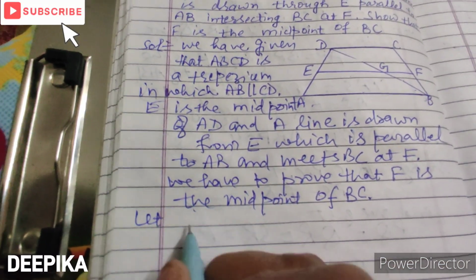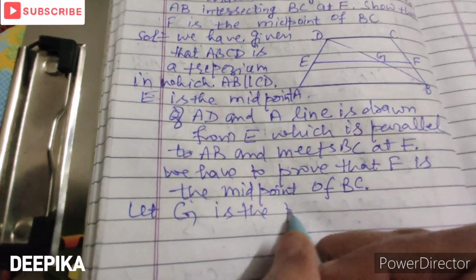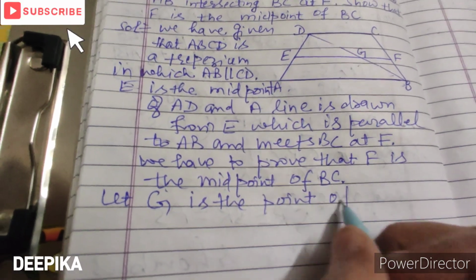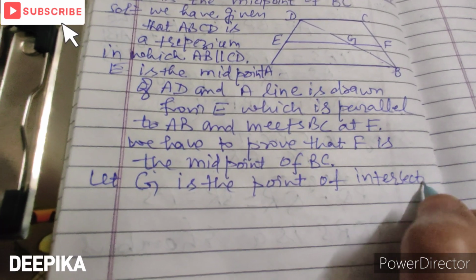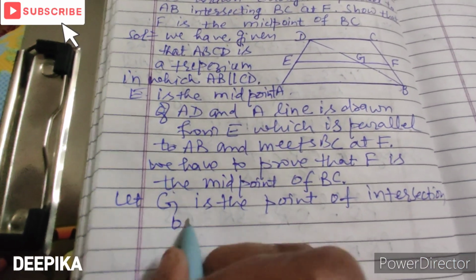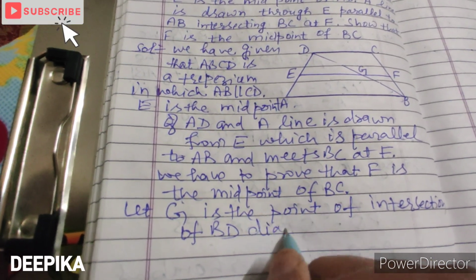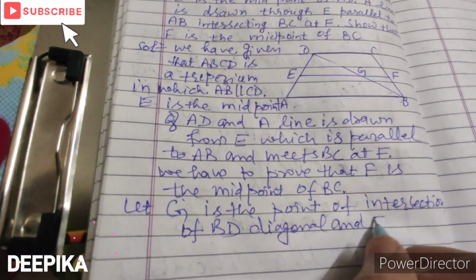Let G is the point of intersection of BD diagonal and EF.